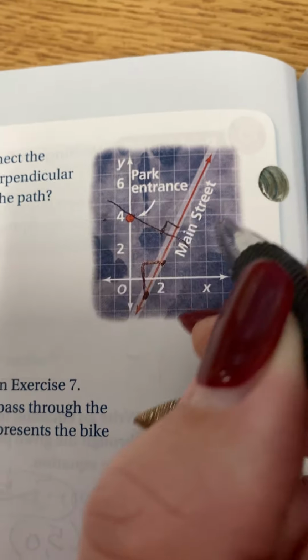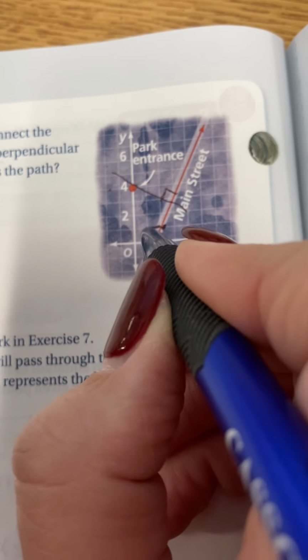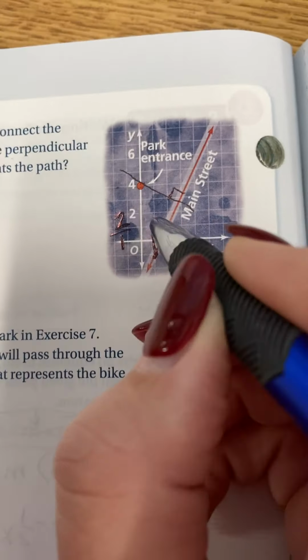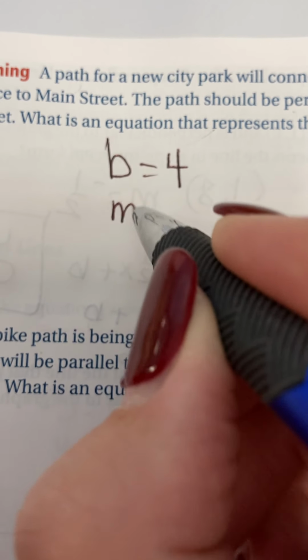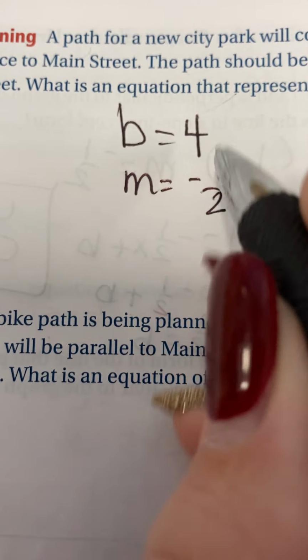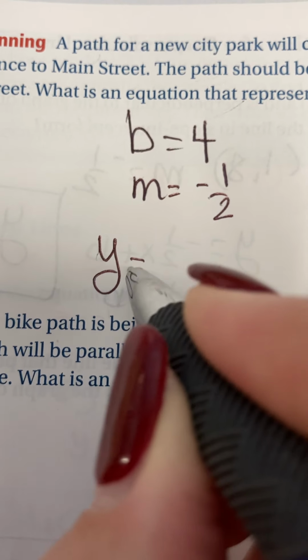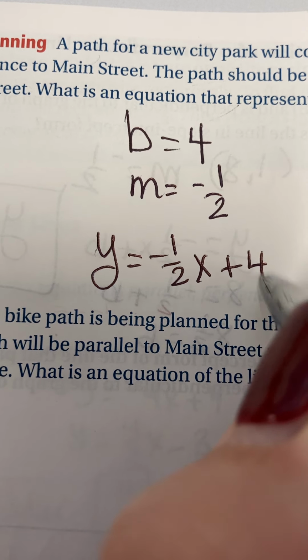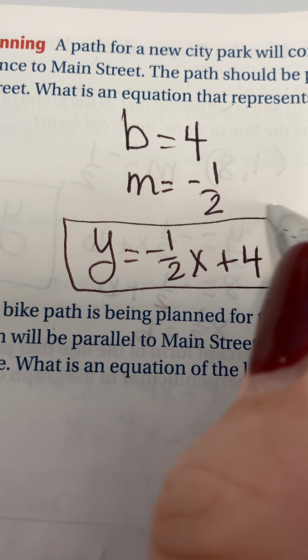So the slope of Main Street is 2/1. That's the slope of Main Street. But since we are doing one that's perpendicular, we need to use its opposite reciprocal, which is going to be -1/2. All right, so we have everything we need. So we're going to write y equals mx plus b. There you go. There's the equation of that street.